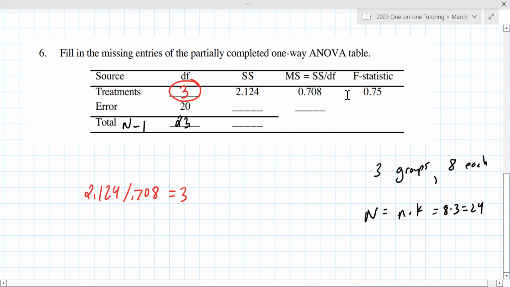Now you might think, okay, I got it now, I'm really good, but they don't give you this number here, SS error. So you can't find the mean square for the error. But we can find it through the F statistic. It's SST over SSE.